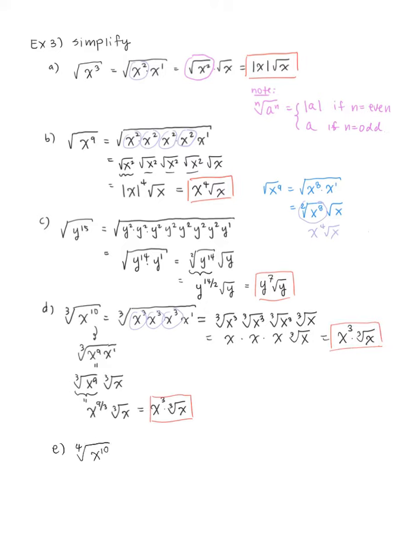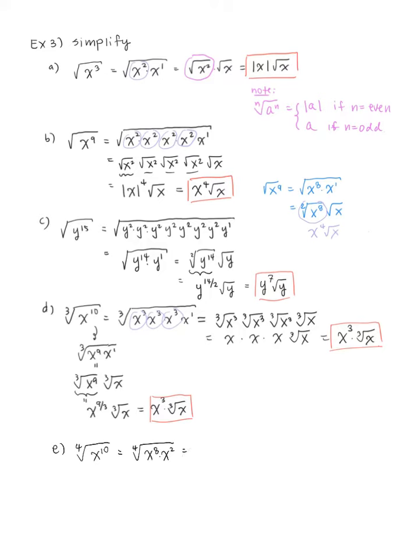Now let's look at fourth root of x to the 10. If you want to use the shortcut, think of it in this way. What is the biggest number before 10 that's going to be divisible by 4? Well, I think that's 8. So here, what I can do is break this up into x to the 8 times x squared.